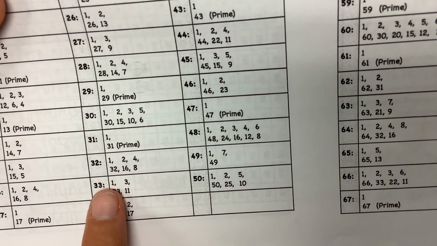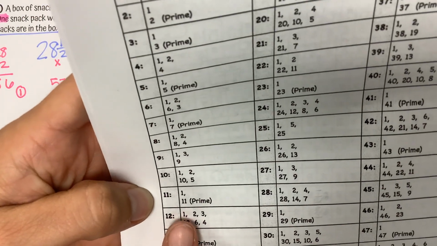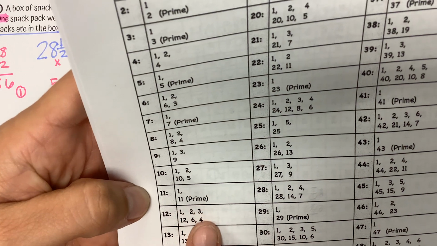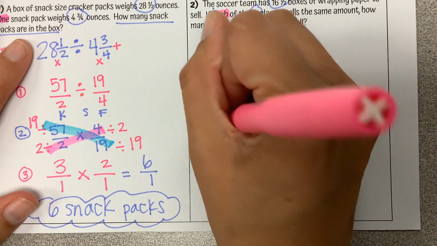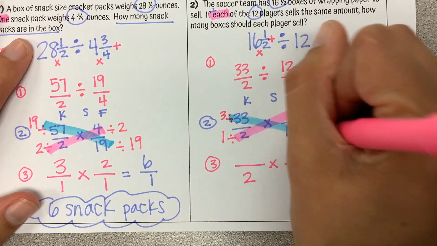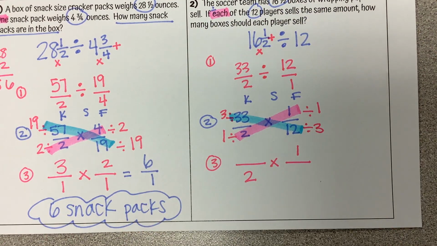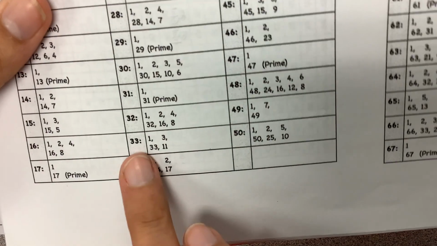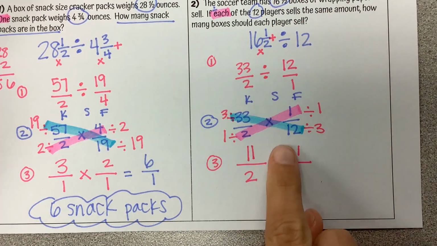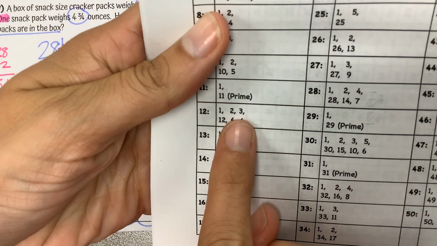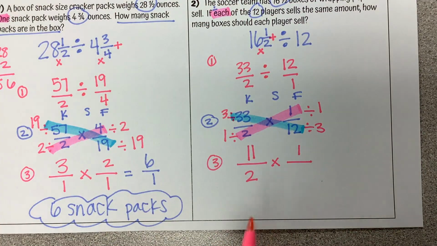So 33 divides by 1, 3, 11, and 33. 12 divides by 1, 3, and that's it. So 3 is the highest number they both divide by. 33 divided by 3, the 3 matches with 11. 12 divided by 3, the 3 matches with 4.